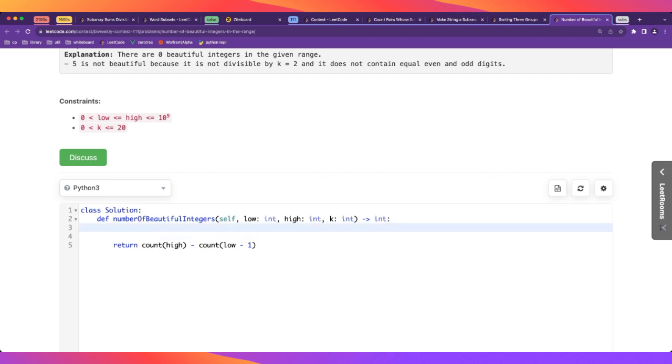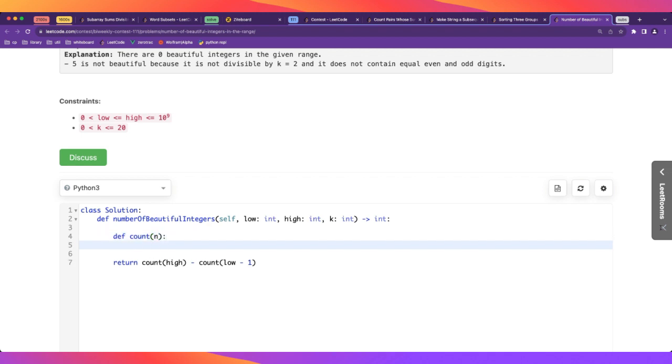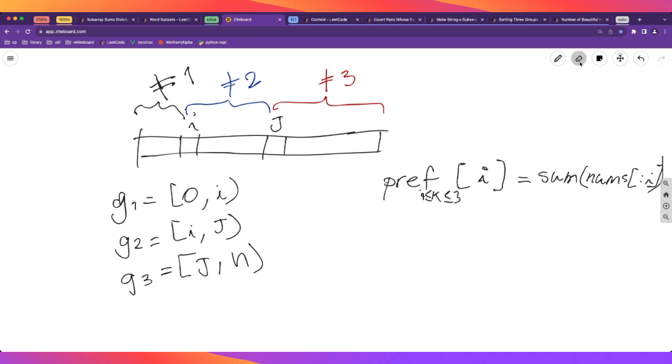Okay, so that already reduces the problem to only one bound. We can forget about the lower bound. But how do we count this? We need to implement this count function. So let's go to the drawing board.